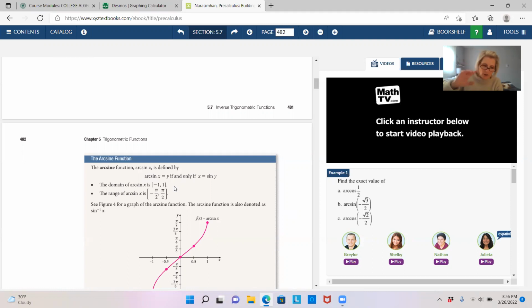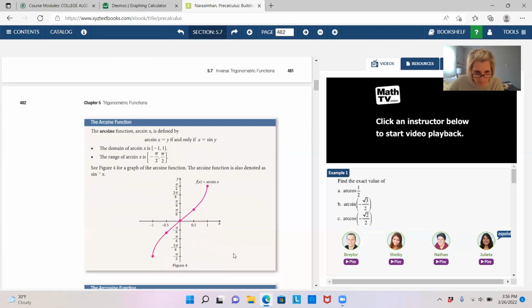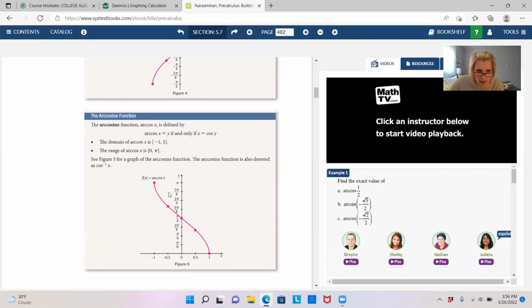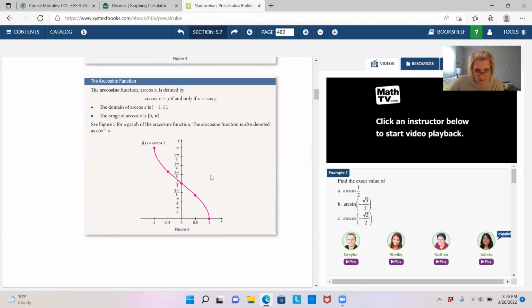So we've now switched our domain and our range with the regular sine function. And that's what's going to happen with the domain and range of the cosine and the secant, cosecant, tangent, cotangent. So essentially, we're just using this to go in the reverse direction. So we're trying to think backwards.